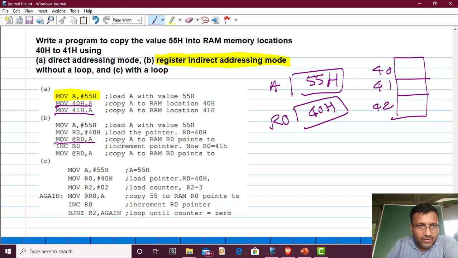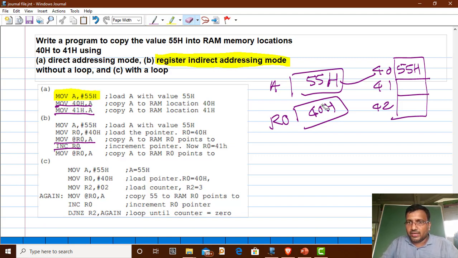If I execute MOV @R0, A, A contains 55, so that 55 value will be loaded in the memory location pointed by R0. R0 is 40, so it will be loaded at that memory location. After this instruction, the data at 40H will be 55. Then increment R0. Once you increment R0, my R0 contents are 41H.